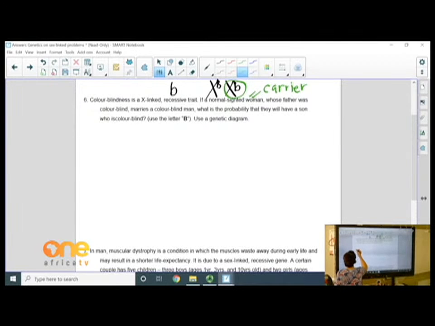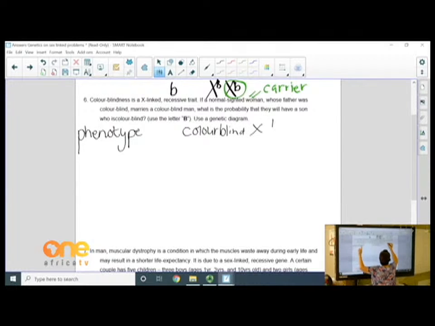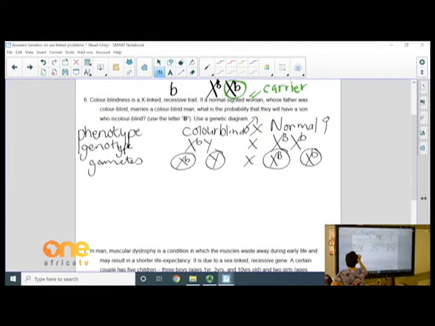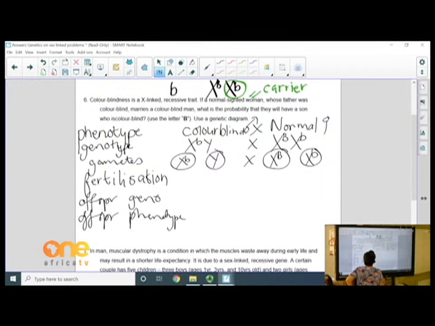So we have to start with the phenotype: colorblind father, crossing with a normal phenotype, the genotype, small b. The gametes will look like this, and we have fertilization, and then we have the offspring genotype, and the offspring phenotype. Good. So the fertilization will look like this.